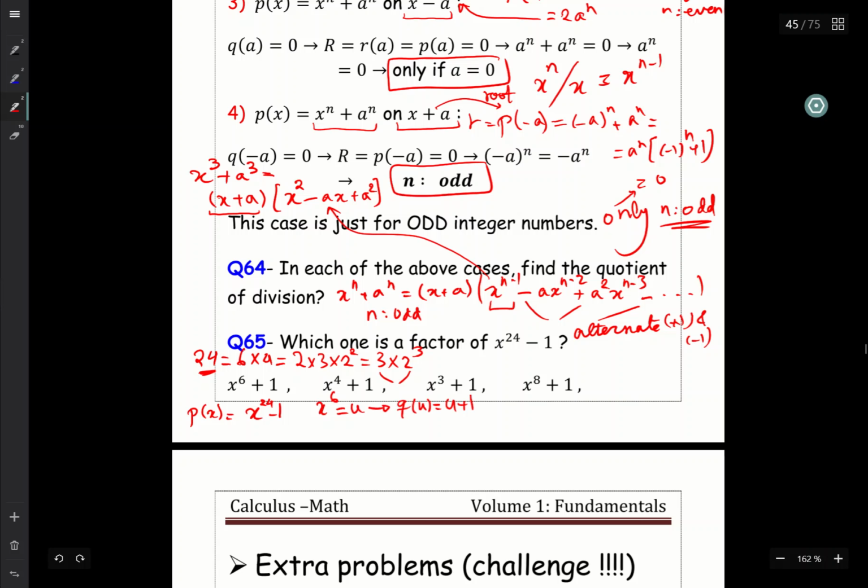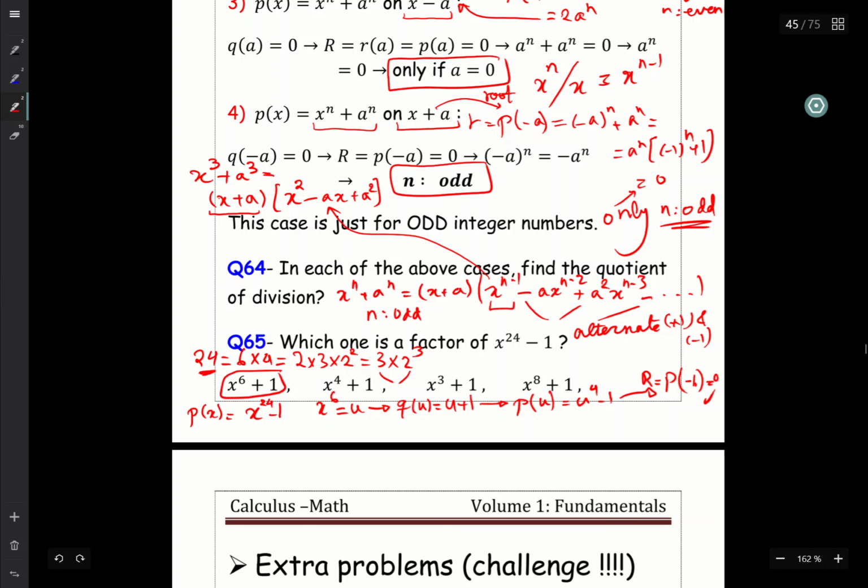And if I write p in terms of u, it becomes u^4 minus 1. And u^4 minus 1 divided by u plus 1 has a remainder of p of minus 1, which is 0. So x^6 plus 1 definitely divides, or is a factor of, x^24 minus 1.